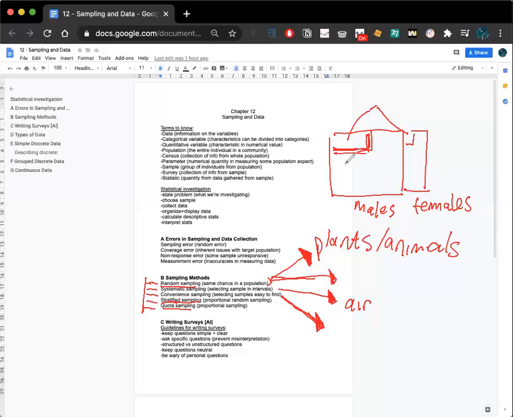So the people who are doing the research can pick who wants to become their sample. But for stratified sampling, the researchers wouldn't pick who's going to be their sample, but it's going to be random, but still proportional.